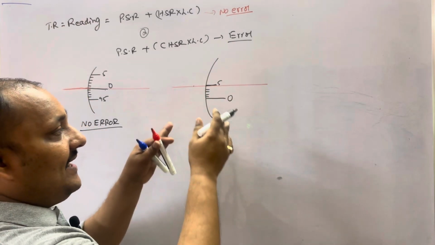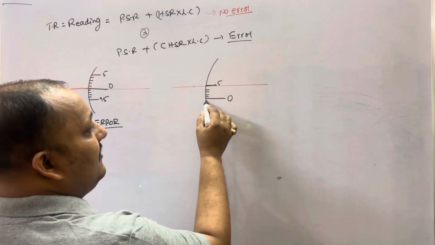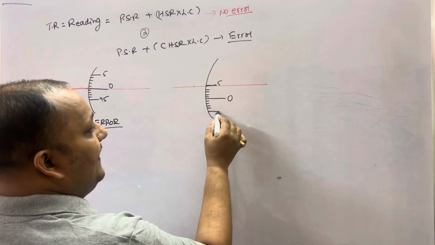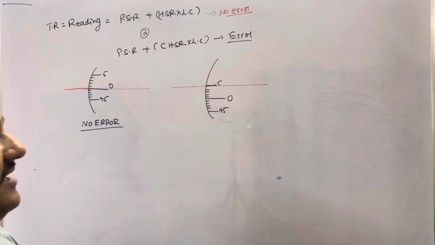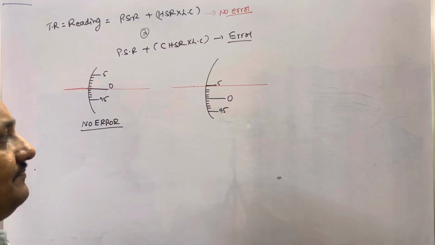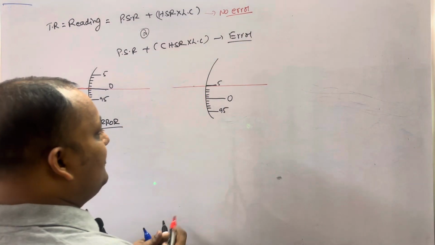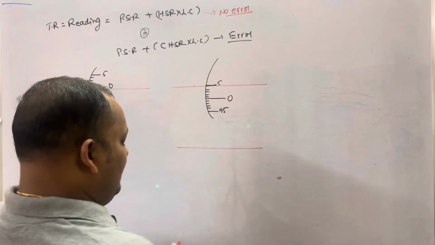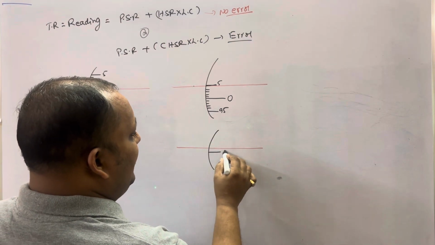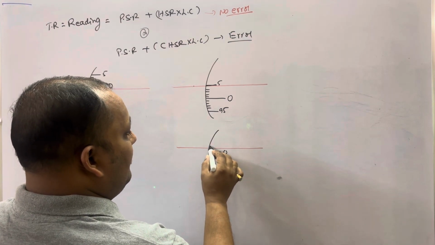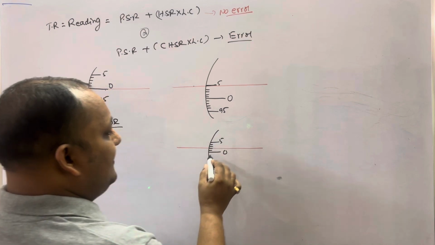Now we want to know whether the error is positive or negative. 1, 2, 3, 4, 5, this is 95. Like this you will see whenever 0 is below. Otherwise you may see 2 divisions, or 3, 4, 5. We can't say how many divisions it is going to be below.